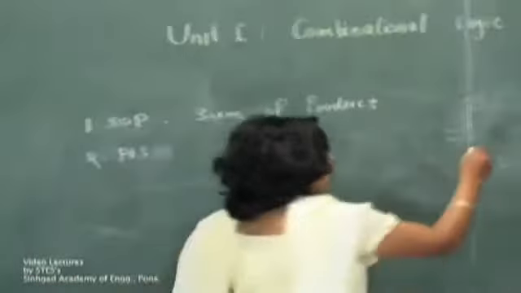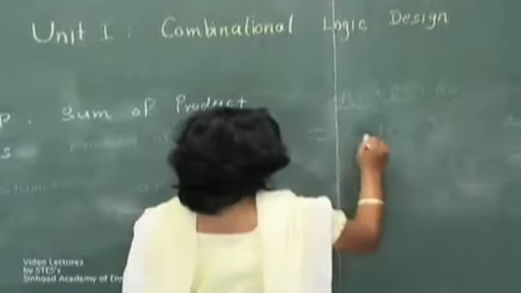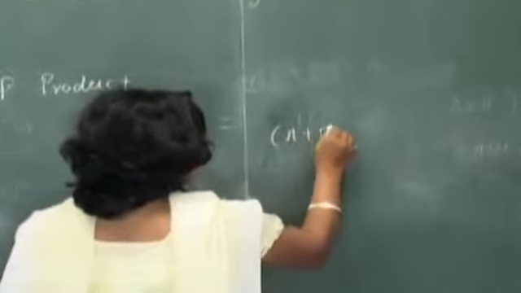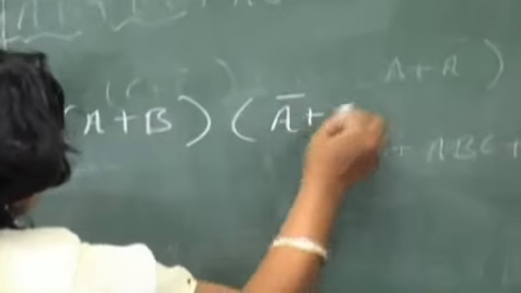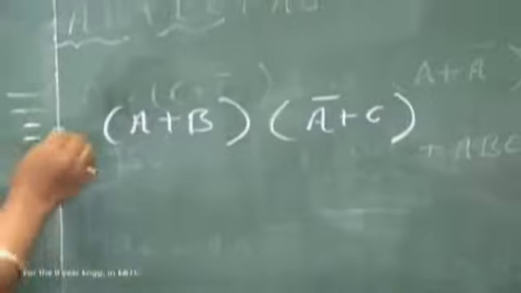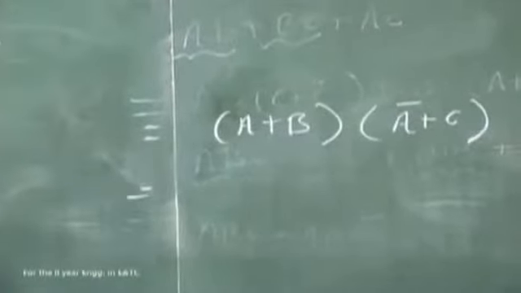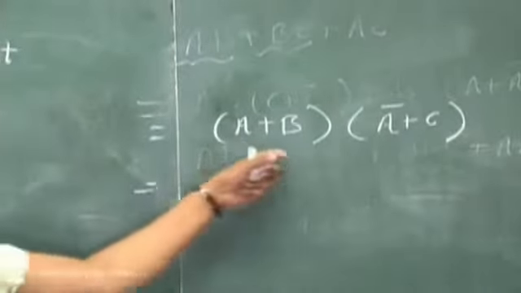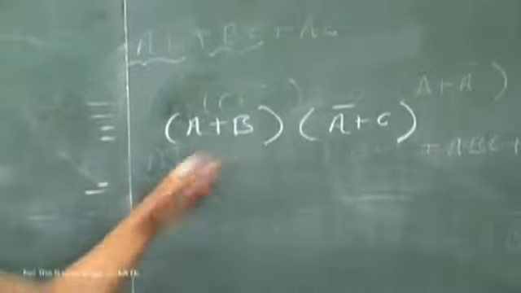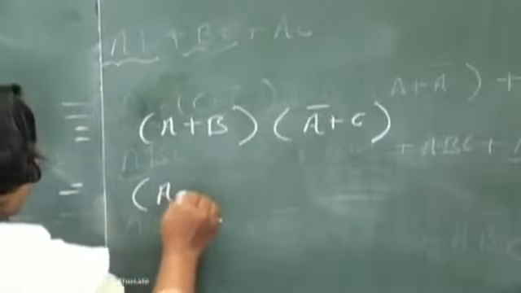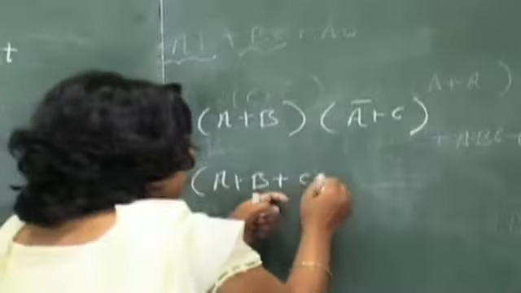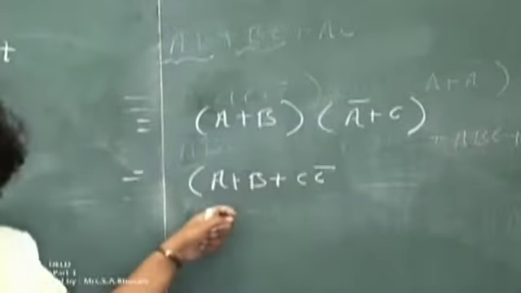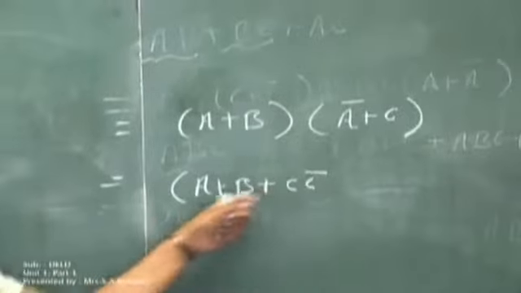So here let us take an example of a POS. A plus B and A bar plus C. Now let us see how this equation will be converted into the standard POS form. So here which term is missing? C. So that term A plus B should be ORed with C times C bar.